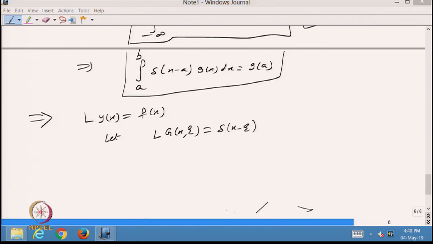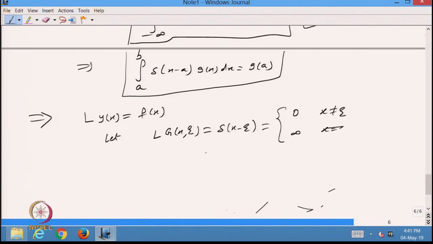Now I know that this function is 0 when x is not equal to xi, and infinity when x equals xi.